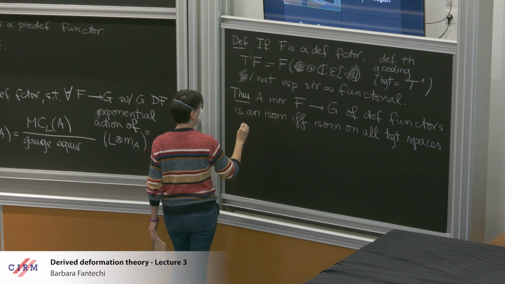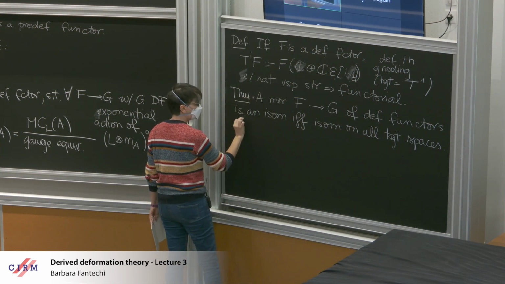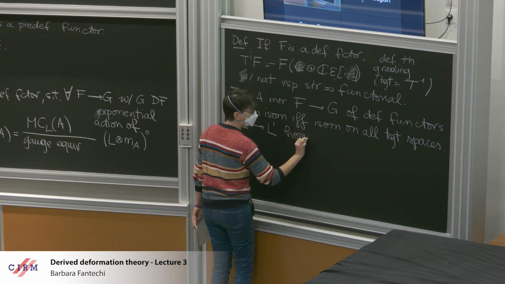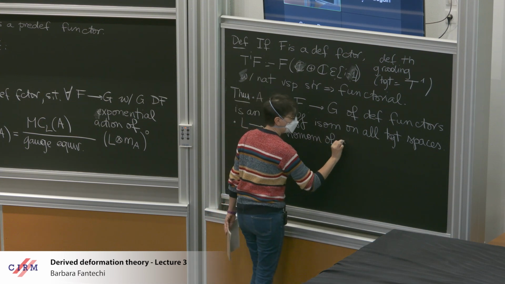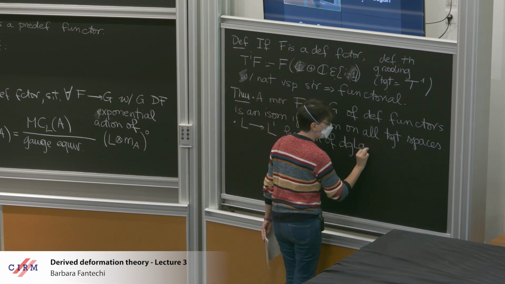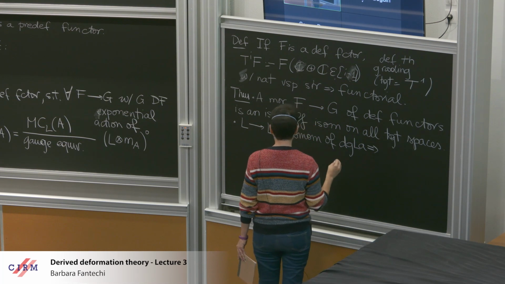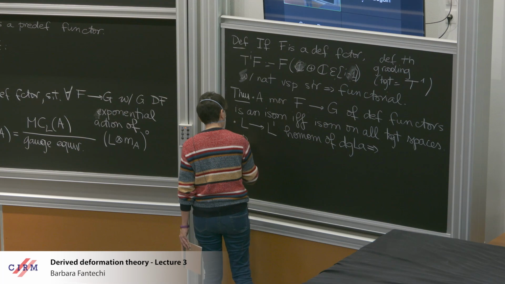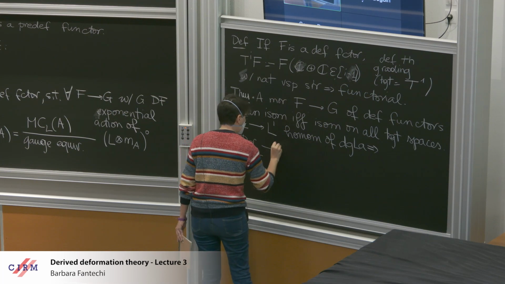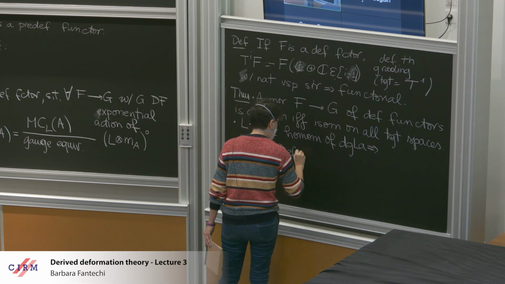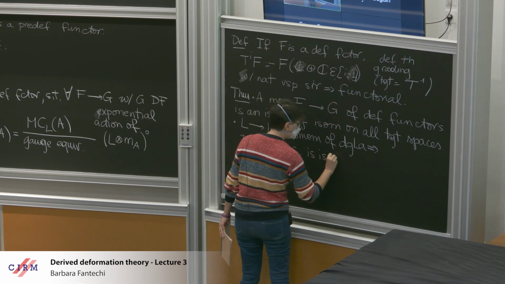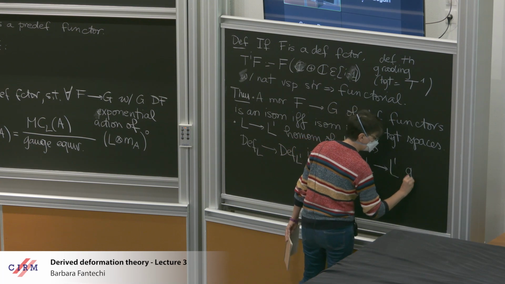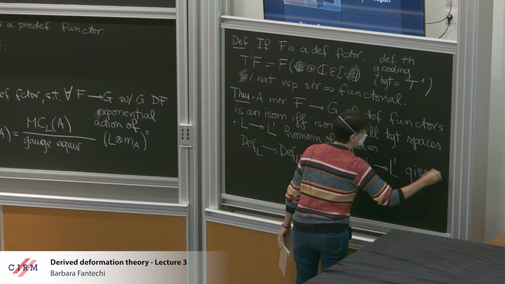And in particular, this implies that if L to L prime is a homomorphism of differential graded Lie algebras, then Def L to Def L prime is an isomorphism if and only if L to L prime is a quasi-isomorphism.